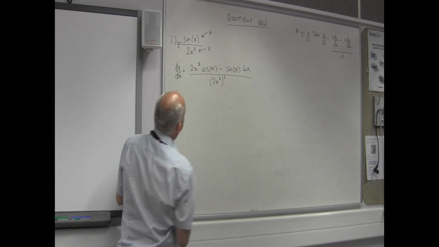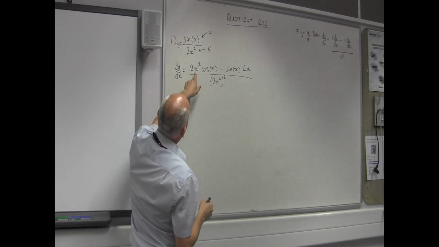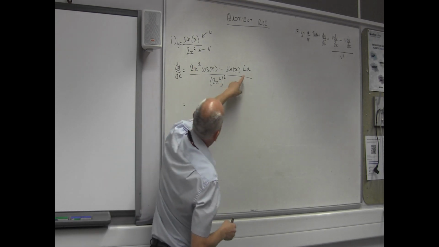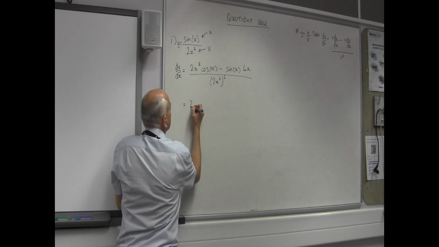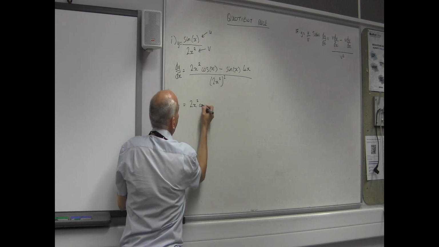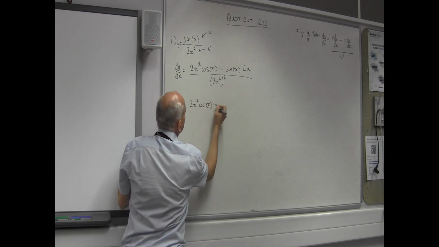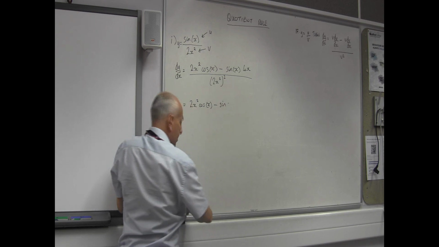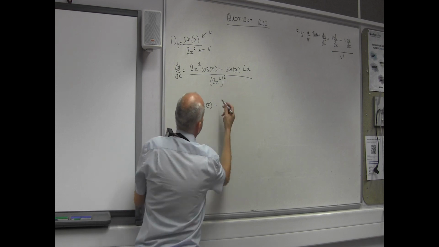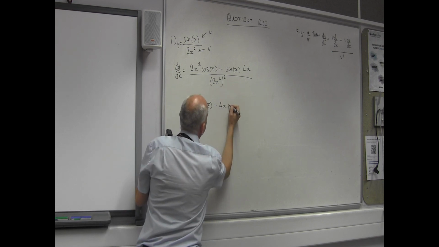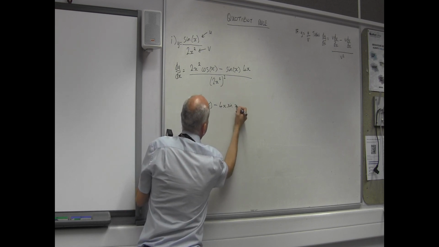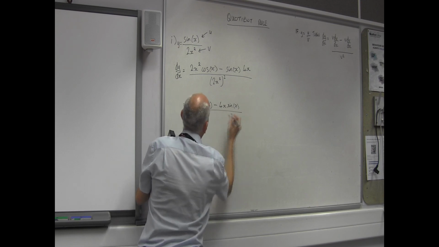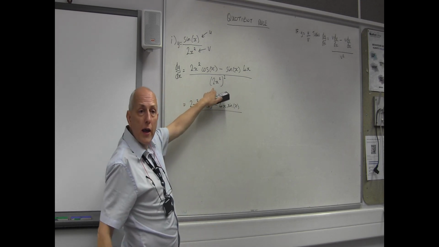Yeah, let's do a bit of... that's okay as it is. Bring this to the front. Whoops, forgetting to bring it to the front. All divided by... So what would this become if I squared it out?